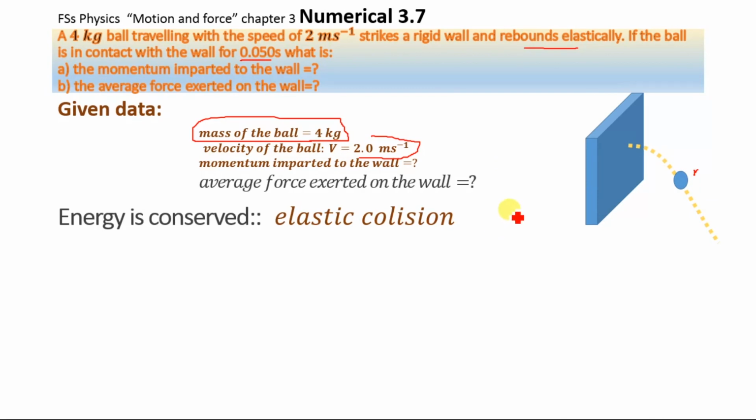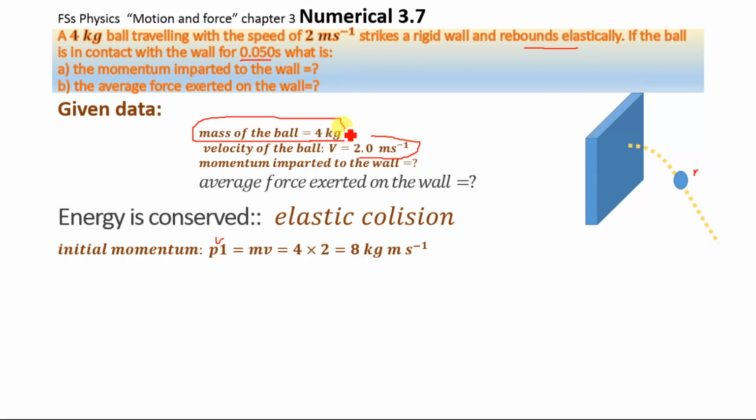So for calculating the momentum imparted to the wall, first we are going to calculate the initial momentum. The initial momentum is denoted by P1, and we know that momentum P is equal to mv. M is mass of the ball and V is velocity of the ball.